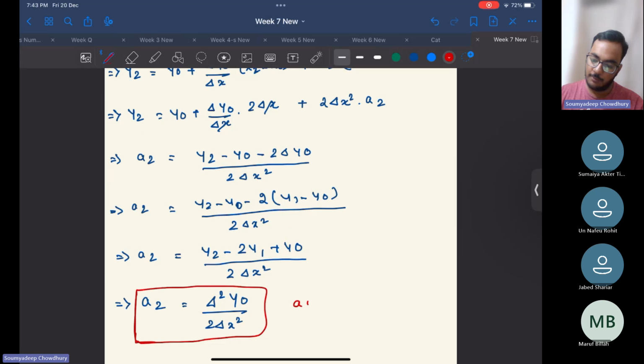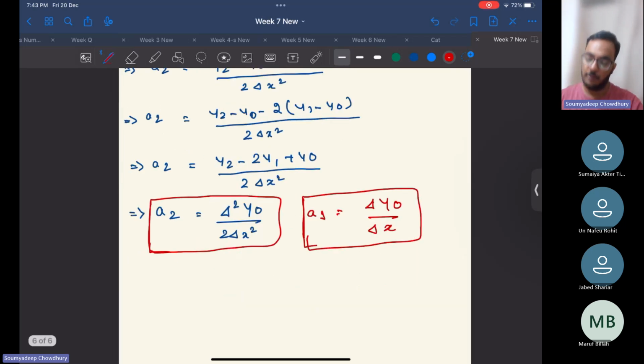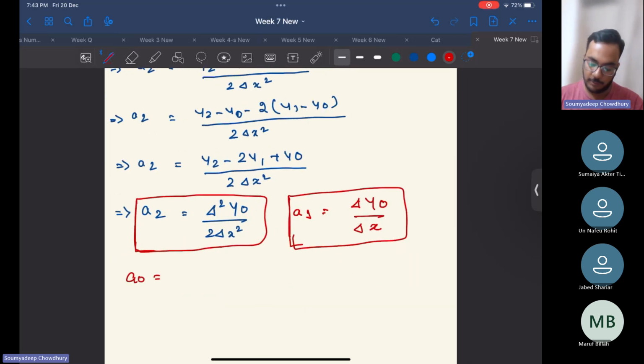Then what was my a1? A1 was delta y0 by delta x. And a0 was only y0.